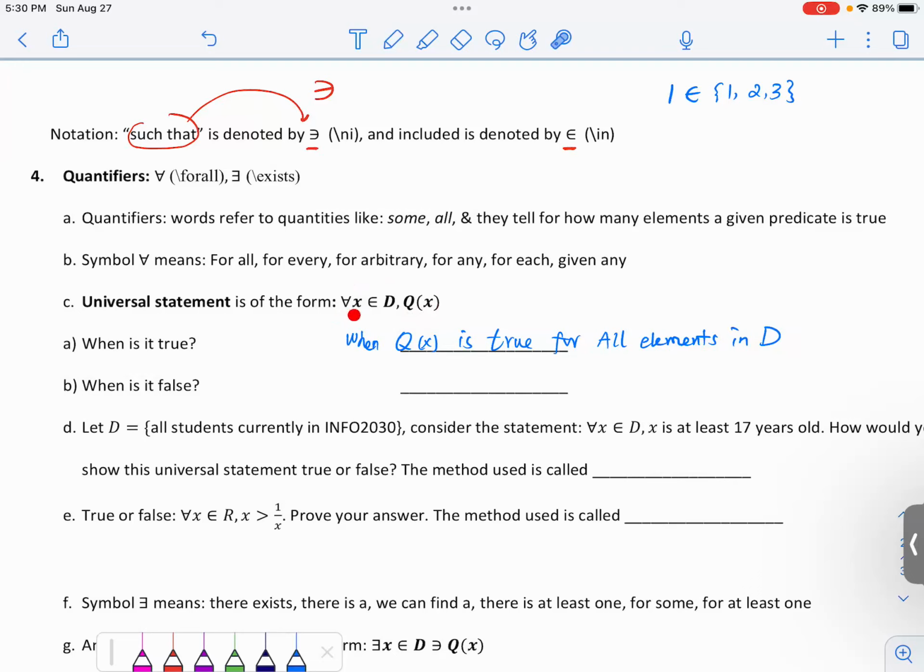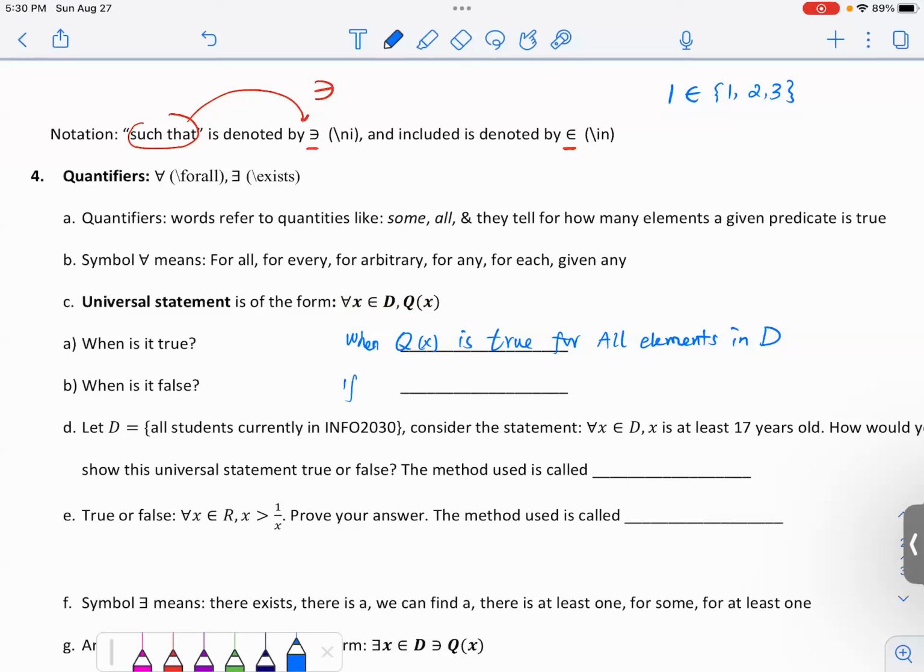If you check all the elements x in this set D, and this Q of x is always true, then this whole statement is considered true. Now, when is it false? That means when there's some element x, at least one element x in D, so that Q of x is no longer true, which violates the meaning of the for all quantifier, then this statement is considered false.